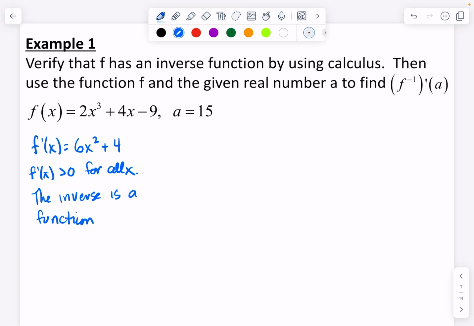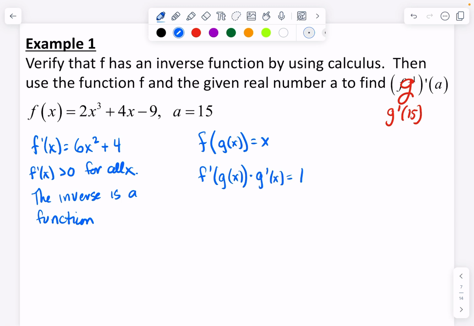Now I'm trying to find f inverse prime of a. What I personally do is, whenever I see that, I say, okay, I'm finding g prime of a. So what am I really finding here? I'm finding g prime of 15. So I set up f of g of x is equal to x, and then I derive it each time because I don't have the brain cells to remember it. I mean, I do after I've done it a few times.